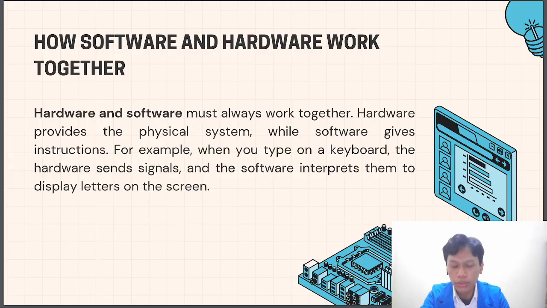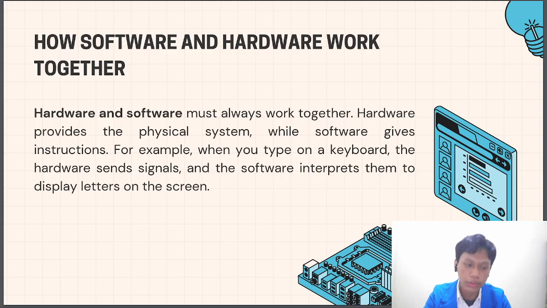So, how do software and hardware work together? Hardware and software must always work together. Hardware provides the physical system, while software gives instructions. For example, when you type on the keyboard, the hardware sends signals and the software interprets them to display letters on the screen.